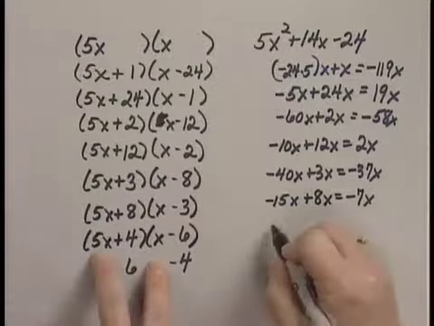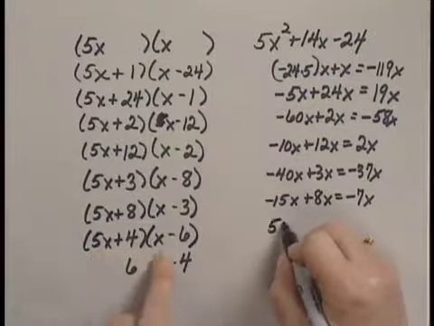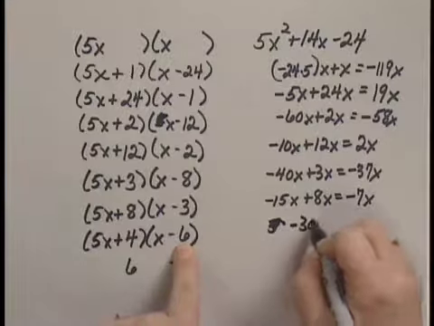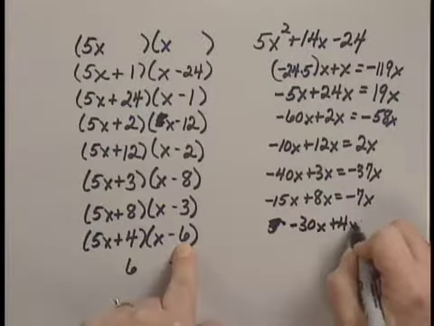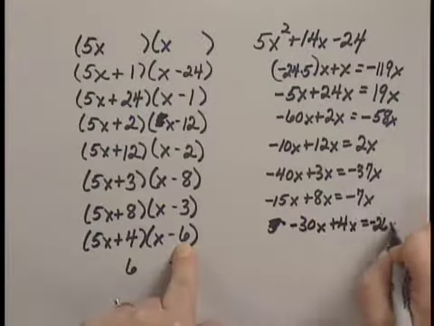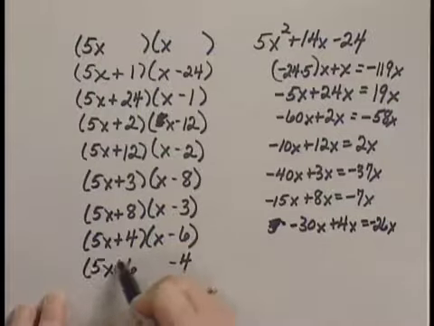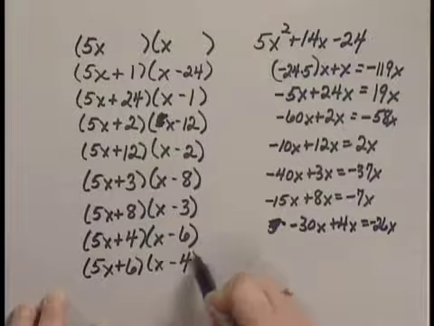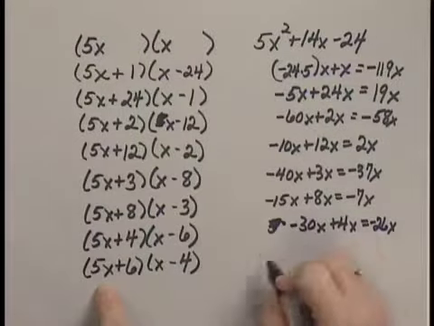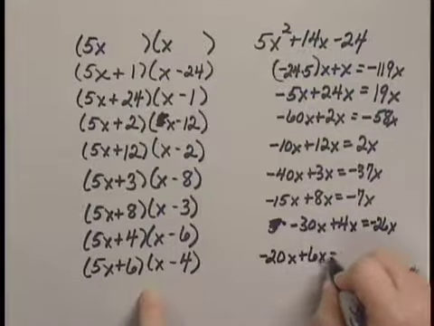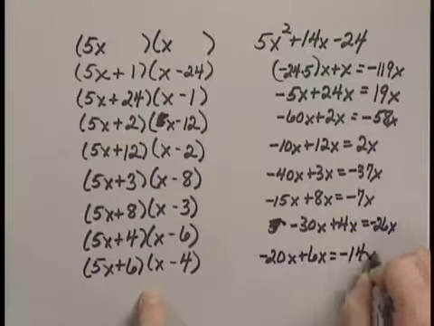My middle term will be 5 times negative 6, negative 30x plus 4x, which is negative 26x. I hope the last one works. 5x plus 6, x minus 4 gives me negative 20x plus 6x, which is negative 14x.